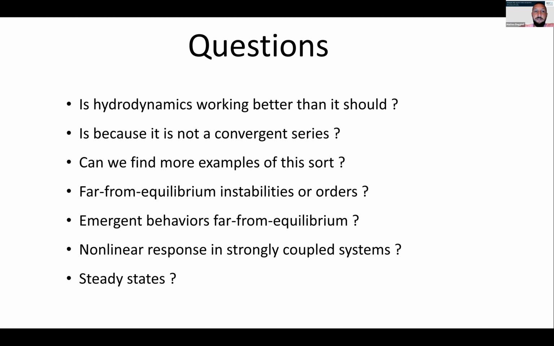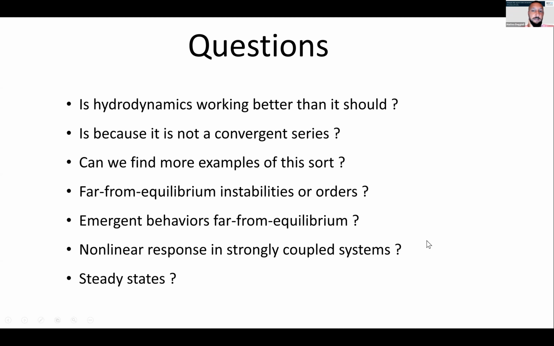A convergent series is slower in the first orders. A non-convergent series actually decreases exponentially, reaches a minimum, and then goes up. So if you cut a series at, say, order 2, 3, or 4, a non-convergent series will do a much better job than a convergent series, which is very interesting, in particular thinking of all these examples where we know that hydrodynamics seems to work better than it should.